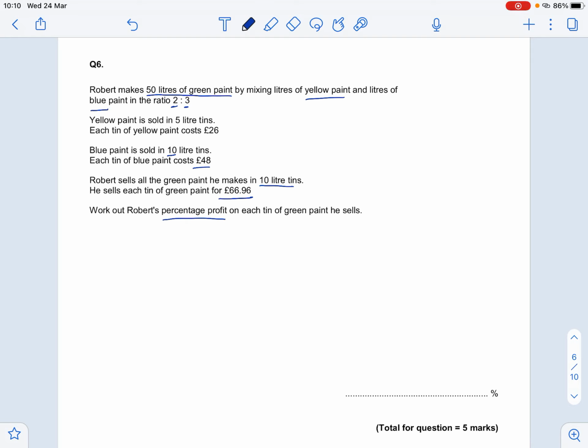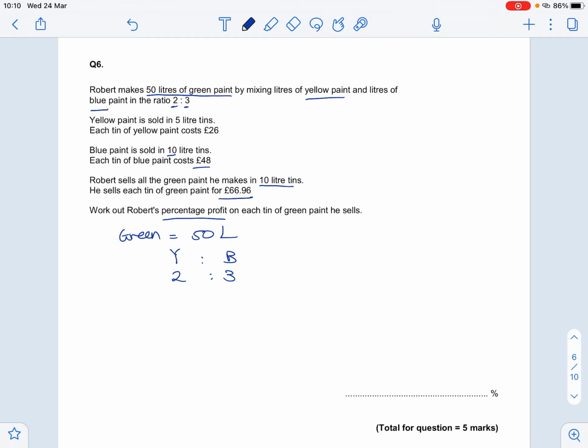Firstly, let's look at how many liters of yellow and blue paint he needs to make green. He has green paint of 50 liters. And they are in the ratio of yellow to blue, so yellow 2 and blue 3.